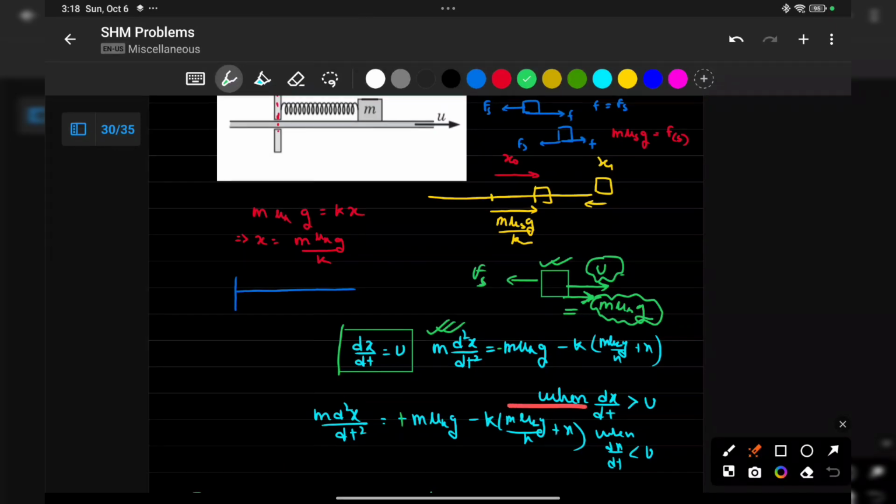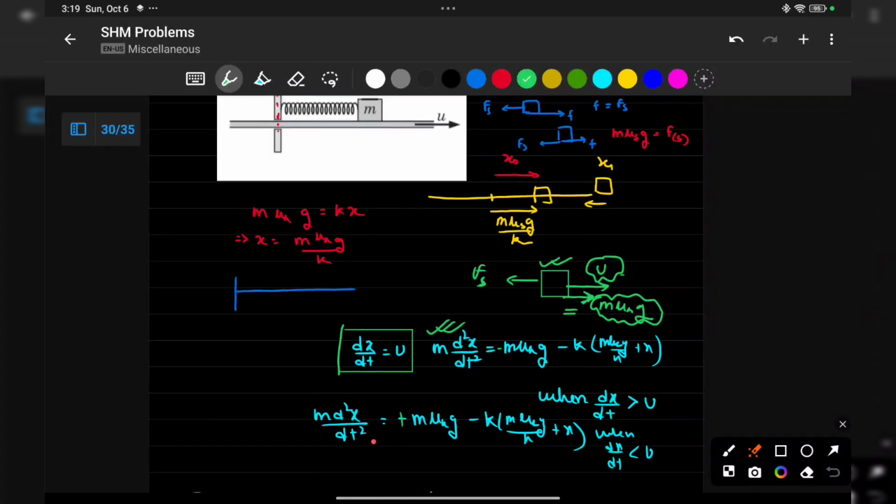So you have m d squared x by dt squared. You can see actually why I stumbled there, because it was said ds/dt is greater than u, but in this case ds/dt is less than u. This is also what I'll explain. So ma is equal to the friction is working towards x, right?